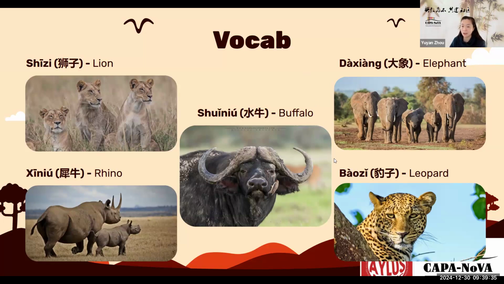Again, the migration is one big tourist attraction, and you will see the wildebeest. 角马, the wildebeest. And how do you say wildebeest migration? 角马过河, 角马迁徙. Migration is 迁徙, 大迁徙, the big migration.